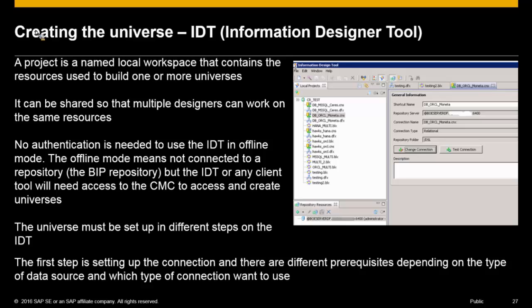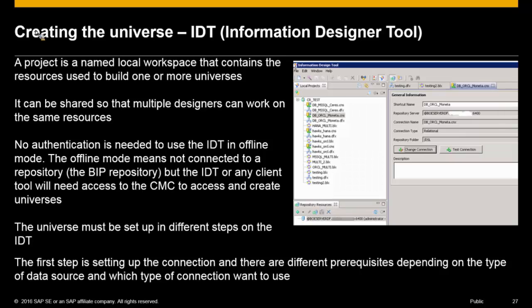So you don't need to have authentication to use this in offline mode, so just within the local project. But this means that it's not connected to a repository, so your business intelligence system. But the IDT or any client will need access to the central management console to access and create universes.